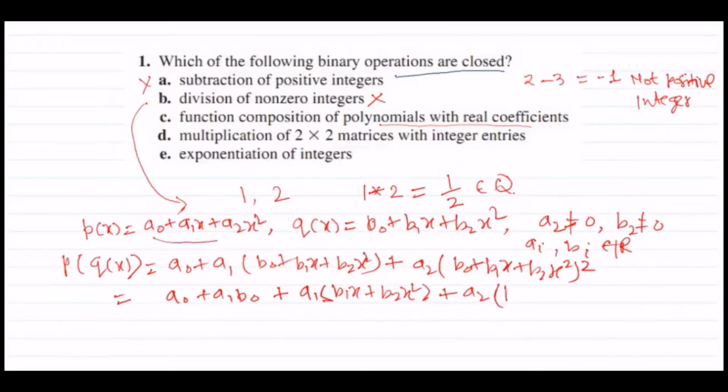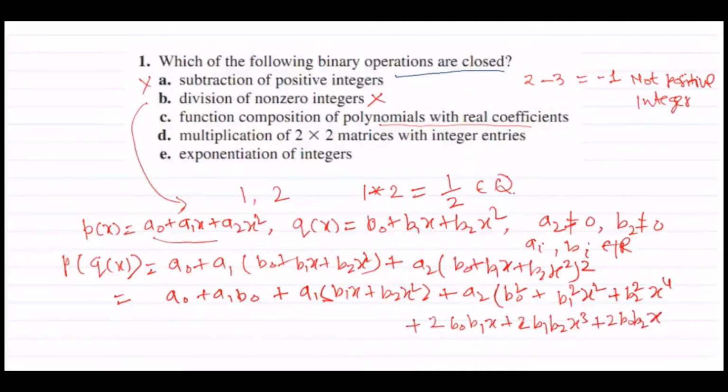So b0 square plus b1 square x square plus b2 square x to the power 4, plus other terms, plus 2b0b1x plus 2b1b2x cube plus 2b0b2x square.